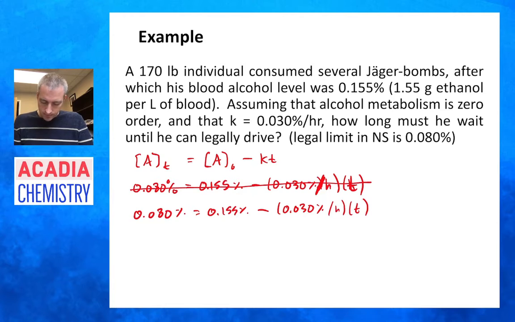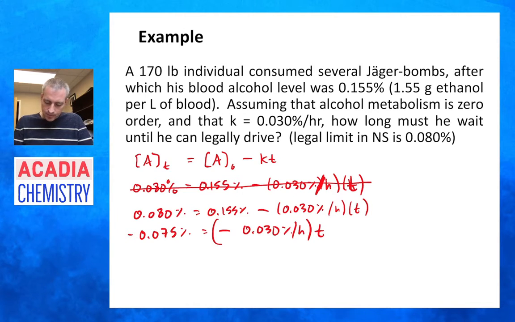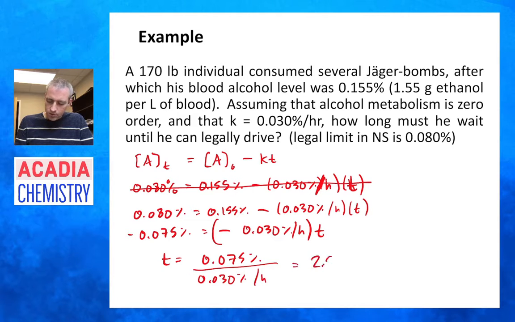Okay, so what we can do is subtract 0.155 from each side, and what that will give us is negative 0.075 equals negative 0.030% per hour times t. t equals 0.075% divided by 0.030% per hour equals 2.5 hours.